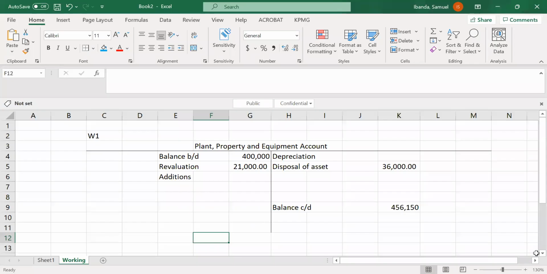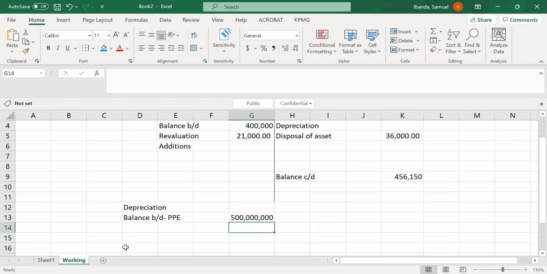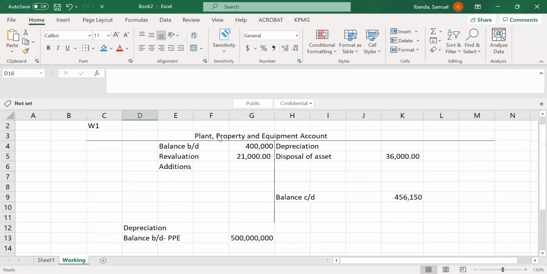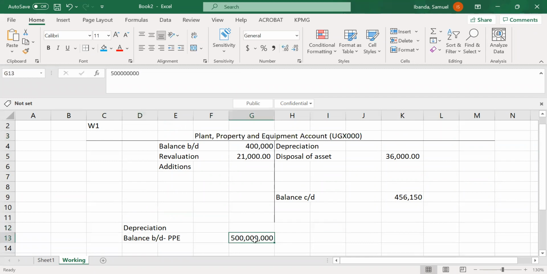So I'll come here, say depreciation. Balance brought down, or PPE at the start, there is 500 million. I'll use the figures in full. 500 million. That reminds me, let me put these amounts because they're in thousands. Thousands. So we have 500 million.